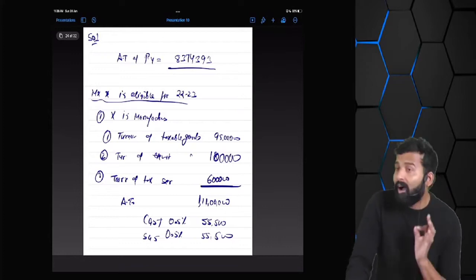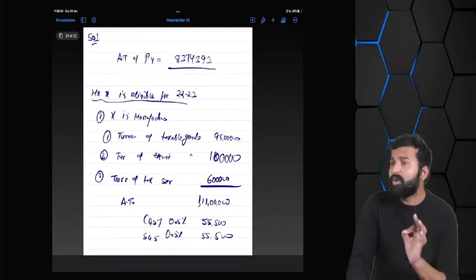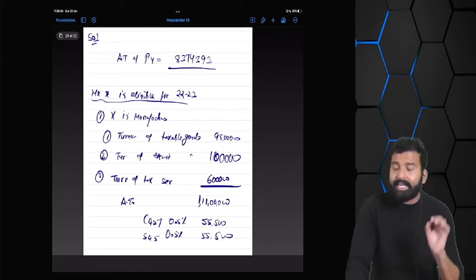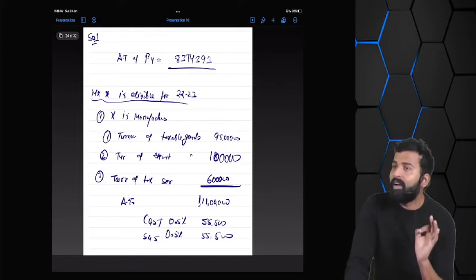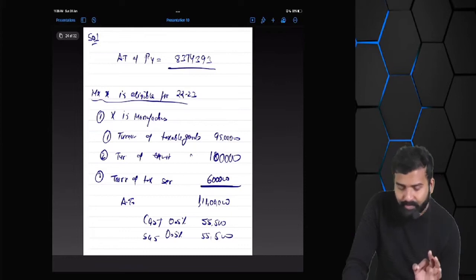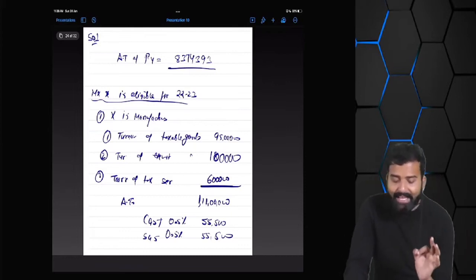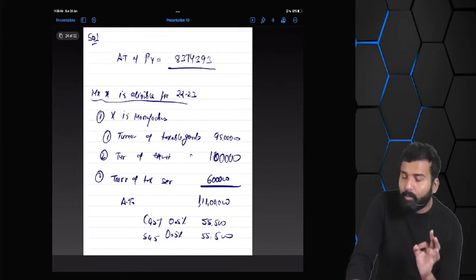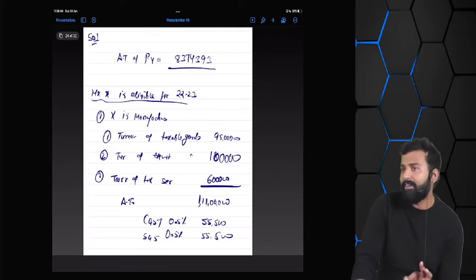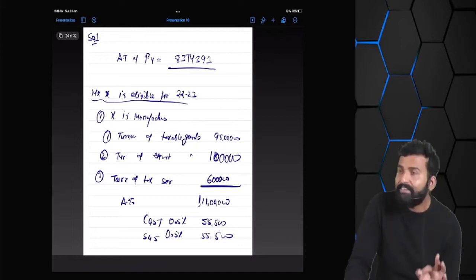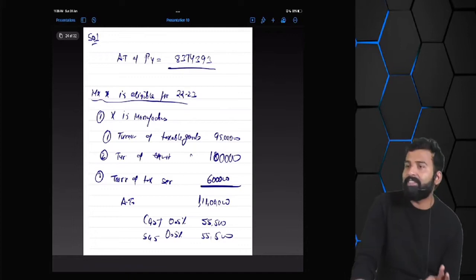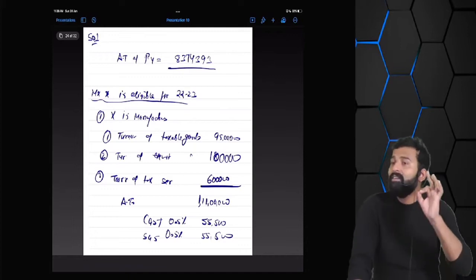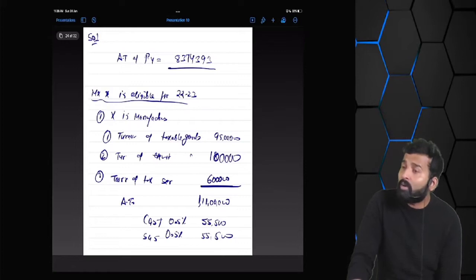A lot of students have given the correct answer that he is going to pay tax on 1 crore 11 lakh rupees turnover. So on 1 crore 11 lakh, he is to pay CGST 0.5% and SGST 0.5%. So as a manufacturer, he will be paying 55,500 as CGST and 55,500 as SGST. That is 0.5% of 1 crore 11 lakh rupees.